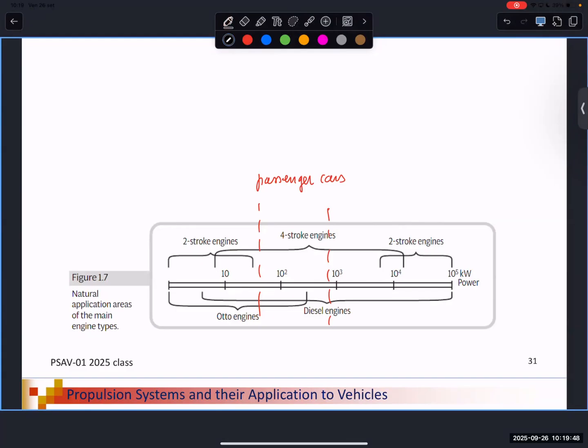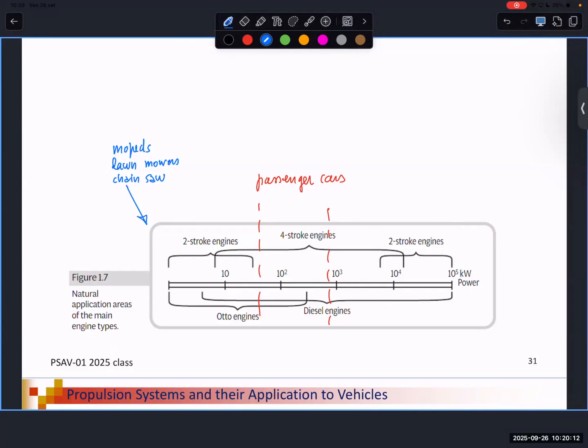Really small engines, I can have mopeds, lawn mowers, or chainsaws. These are some examples.